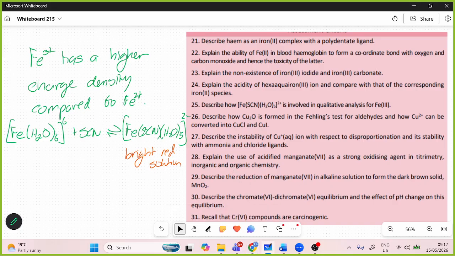Let's read the syllabus for a second. There is something called the brown ring test, and last year it came out. Reactive nitrates.